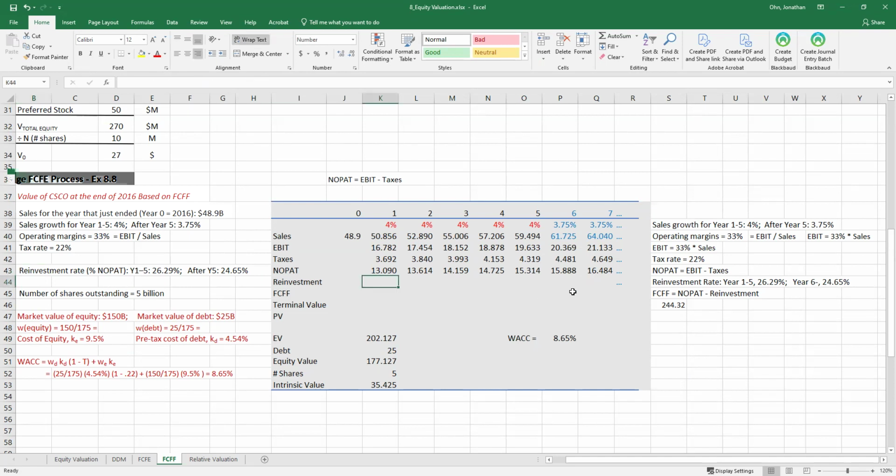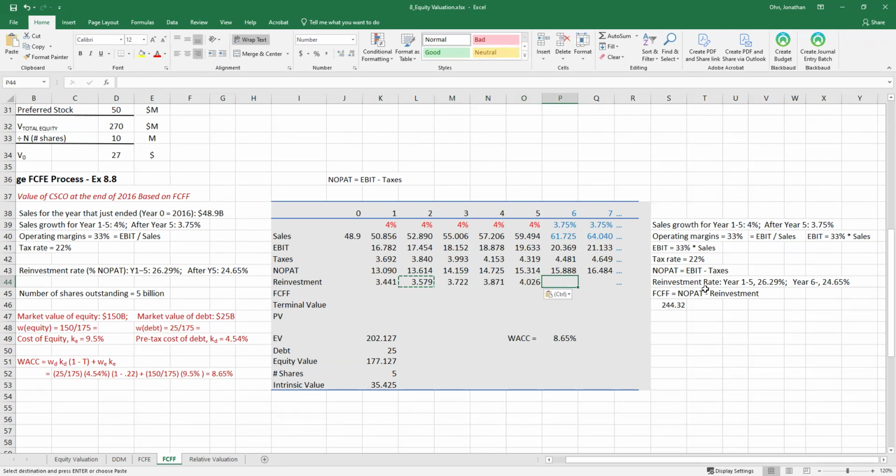So 26.29% times our NOPAT is the reinvestment amount. Let's copy that up to 5 years.